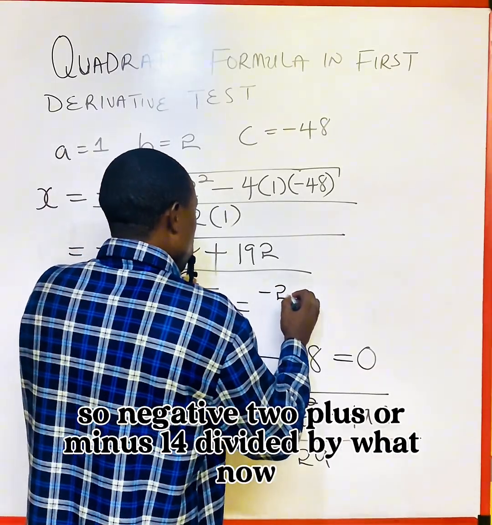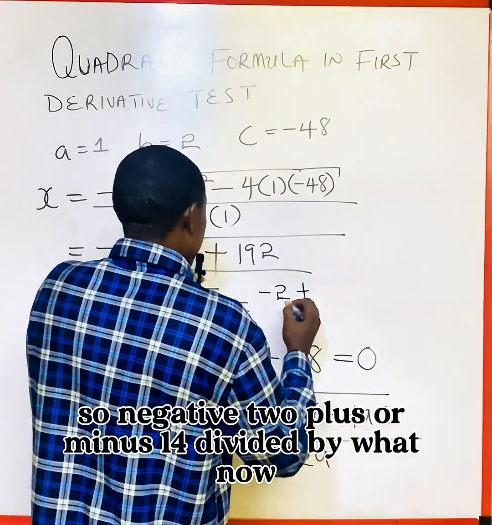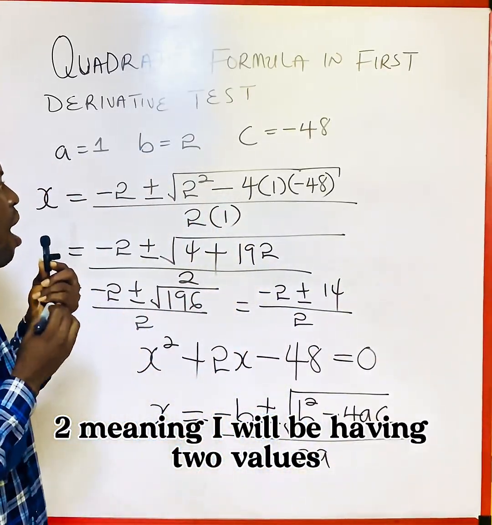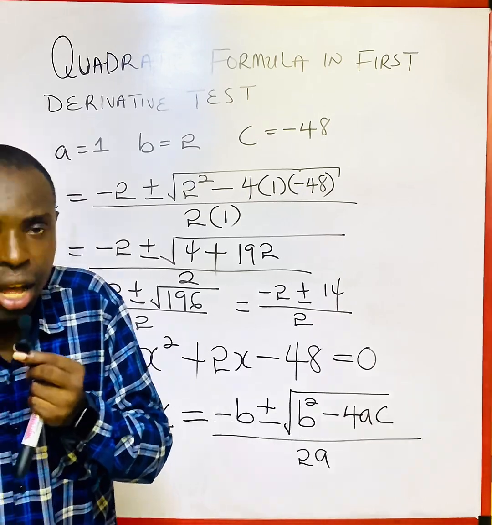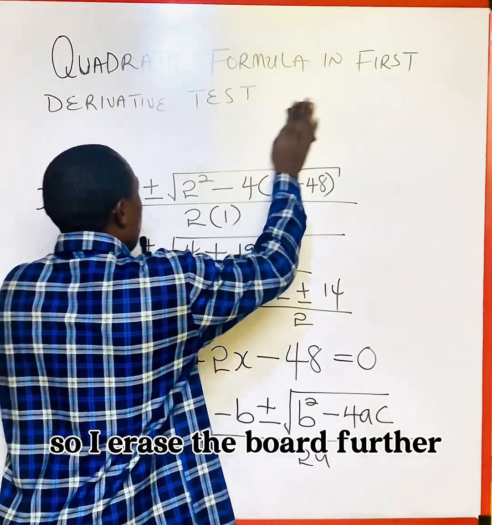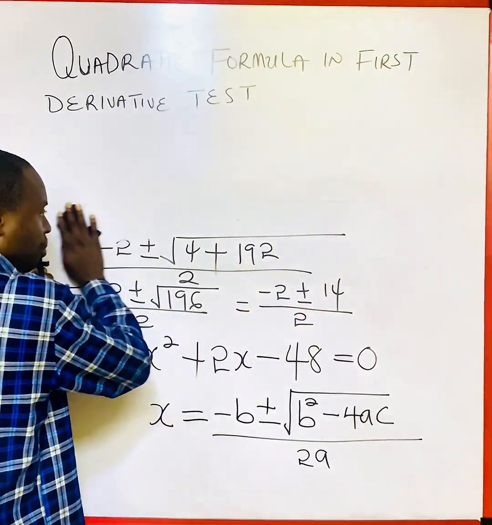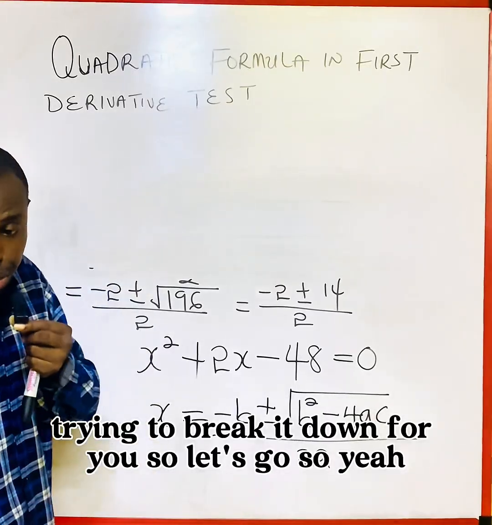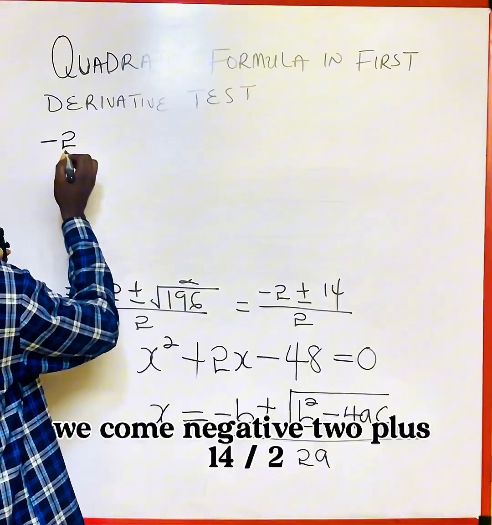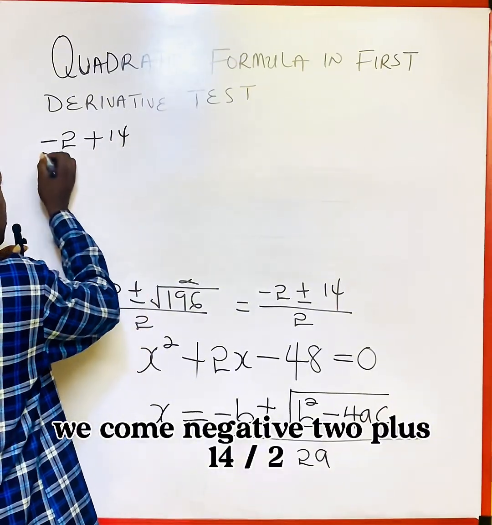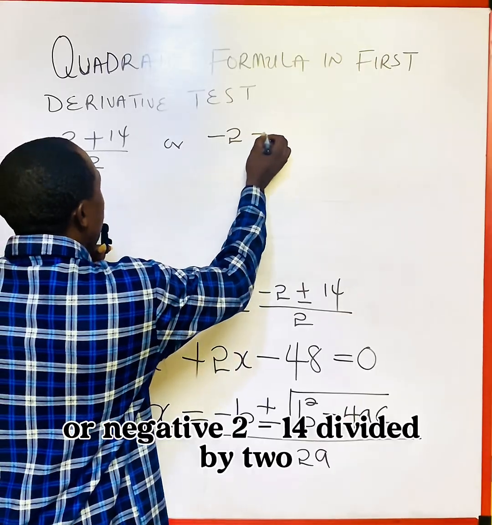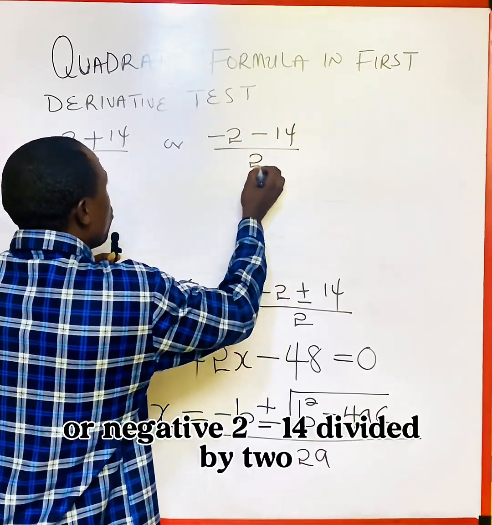So negative 2 plus or minus 14 divided by 2. Meaning I will be having two values. So here will become negative 2 plus 14 divided by 2, or negative 2 minus 14 divided by 2.